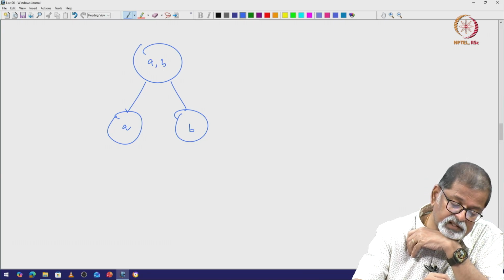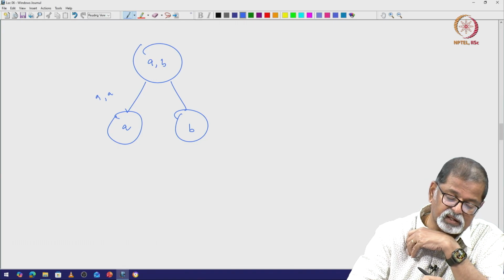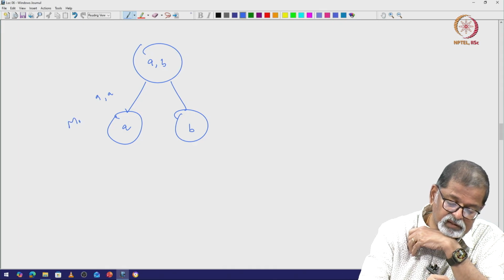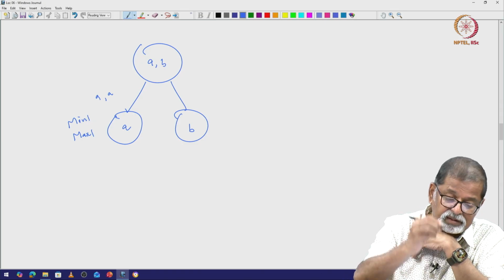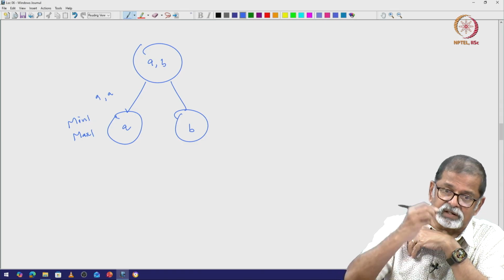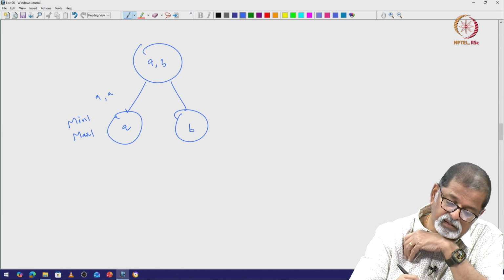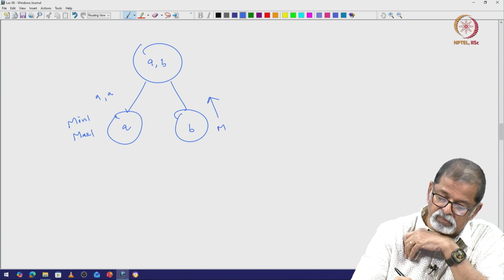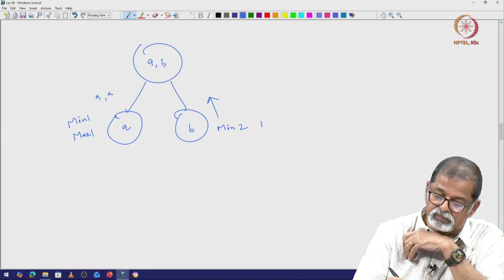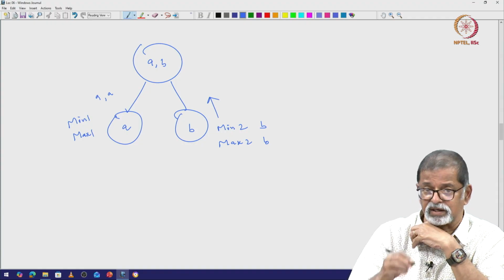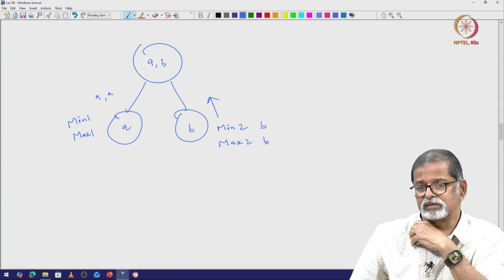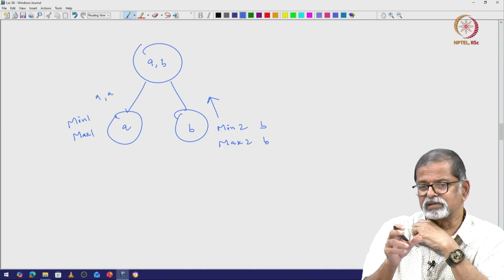Min is A, max is also A. So, here you are giving min 1 and max 1, which is simply returning A and A. In min 1 A will be returned, max 1 A will be returned. Here min 2 B will be returned, max 2 B will be returned. That is how this algorithm works. When it is a base case, return the value.